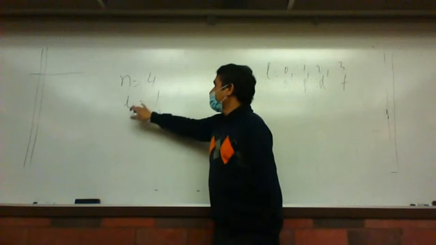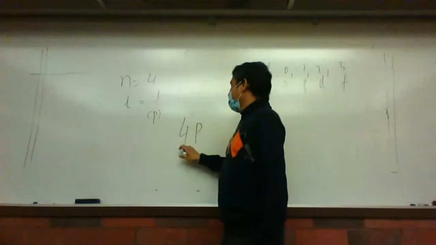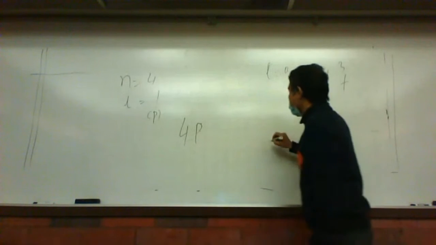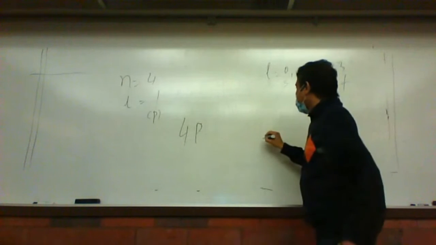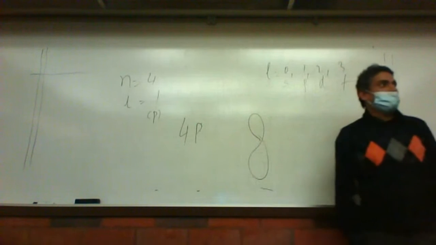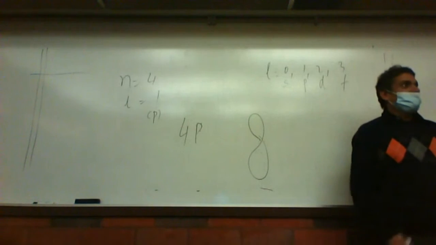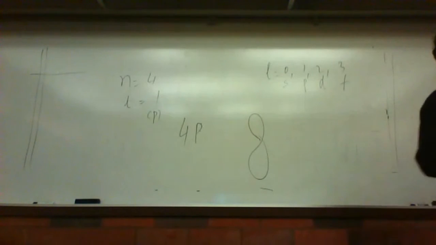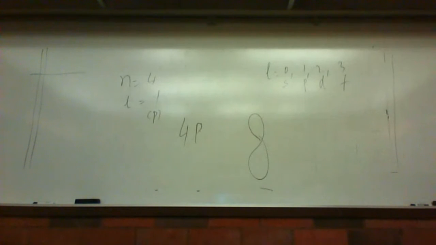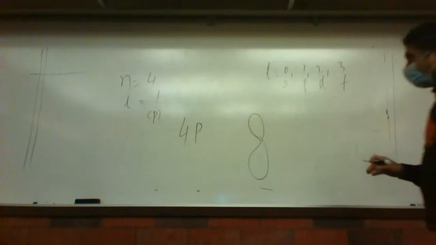If you have n equals 4 and L equals 1, another way of saying the same thing is that the orbital I'm talking about is 4p. This is in the 4th orbit, and the shape of that space is a dumbbell. P means it is a dumbbell. Where is that space located? It's far from the nucleus, near the 4th orbit.